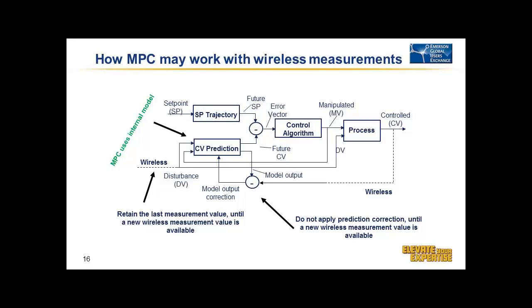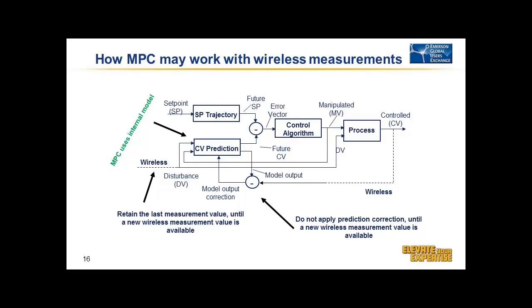We cannot update and change the prediction on the model output here. As well as disturbances, if they are wireless, and in our case they are, we don't need to apply the same principle. We need to retain the last measurement for disturbances. And that's about what it is.